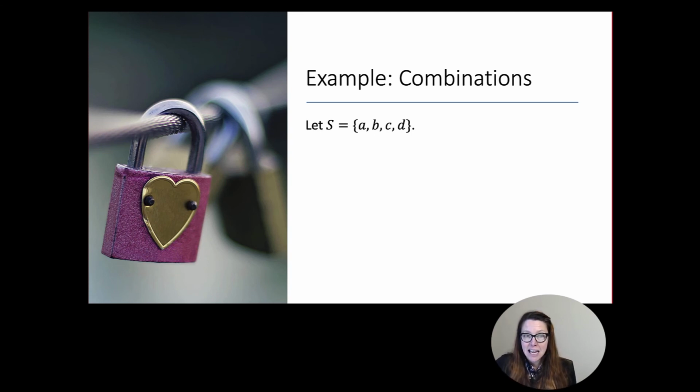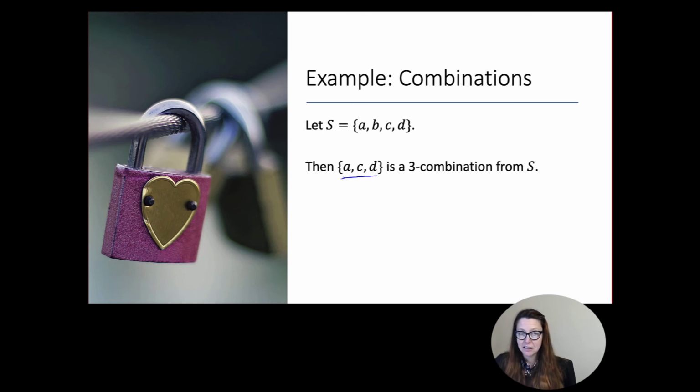If we have a set A, B, C, D, then we can have several 3 combinations. One of those is ACD. So it's just pick 3 from the set. If there's any subset, you're looking for all the subsets.